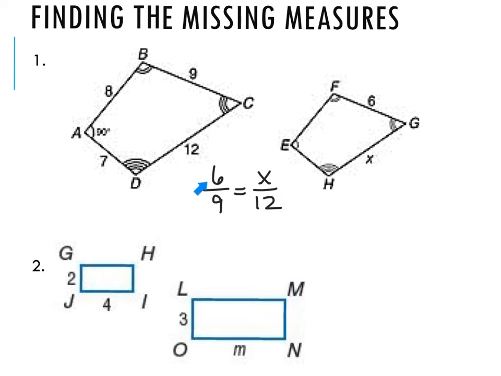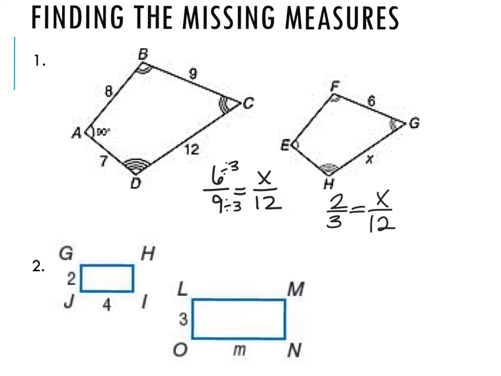Well, I don't see a pretty straightforward relationship here without some decimals. But I do notice that this can be reduced. 3 goes into both 6 and 9. So that's what I would do in this problem: I would divide 6 and 9 by 3 to get that 2/3 equals x over 12.